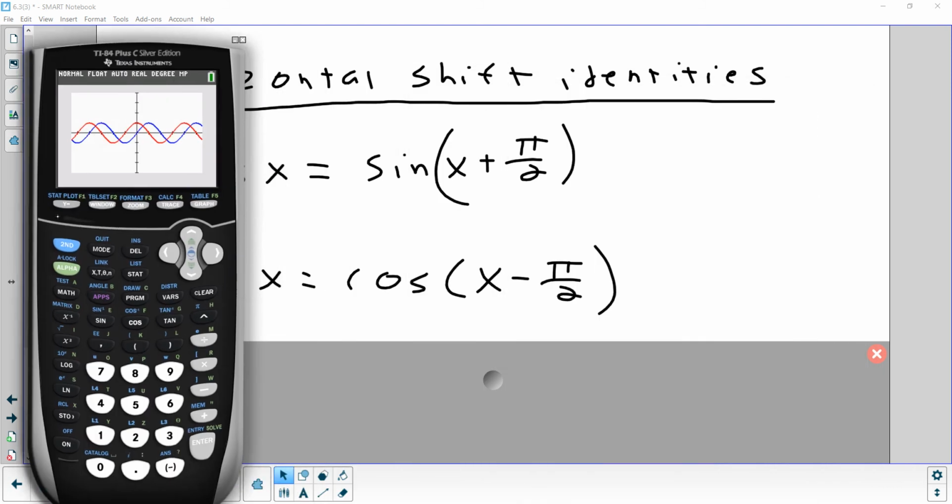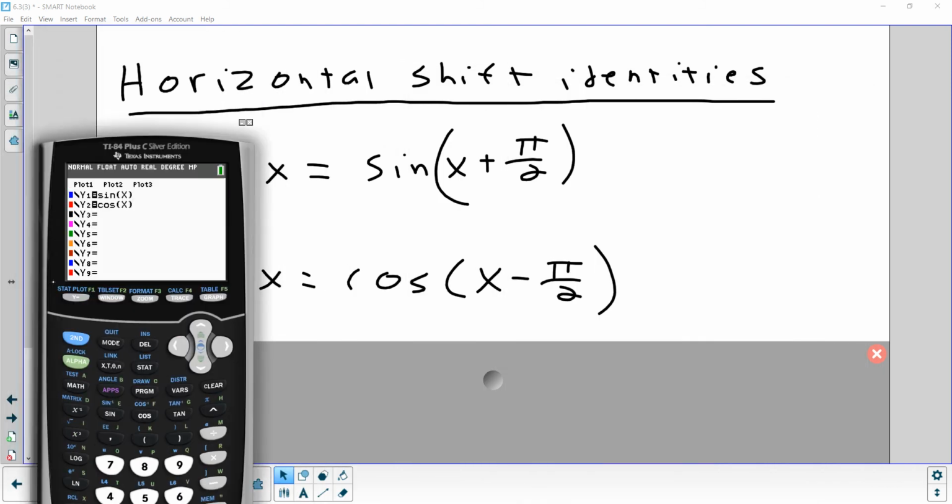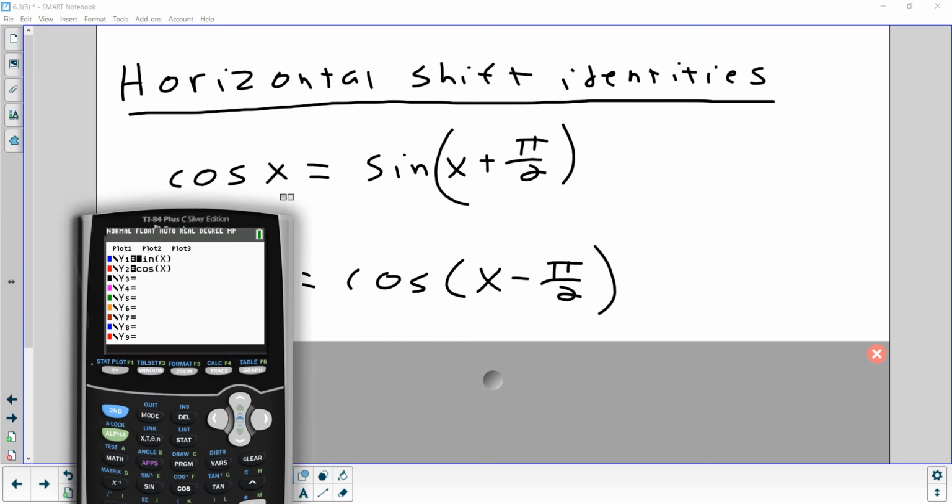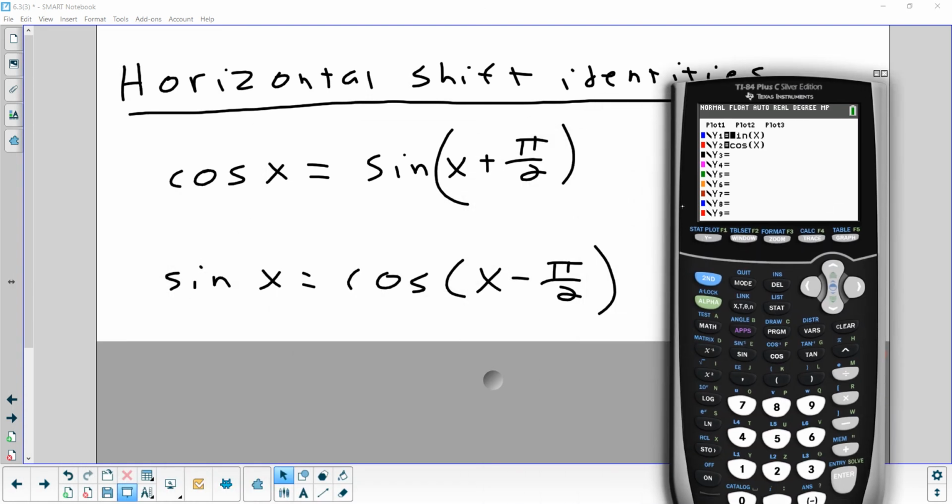So let me graph. Actually, let me put this over here. Let's graph sine. And now let's take the cosine and let's shift it pi over 2 radians. How much of a shift is that? How much am I shifting it by, say, in degrees? Nick? 90 degrees. Yeah, we're doing a 90-degree phase shift, which is a quarter cycle.